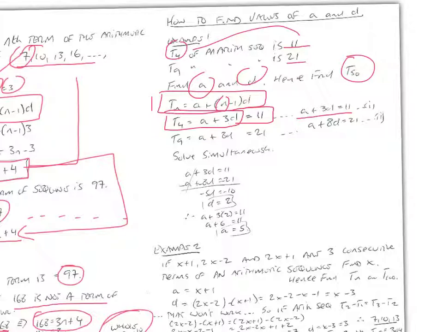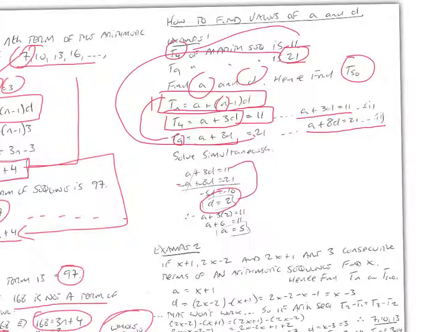For T9, we plug in 9 into this formula and get a plus 8d, and that's equal to 21 because we know that from here. That generates a second equation, which we solve simultaneously by changing the sign and adding. We get d is equal to 2, plug that back in, and we get a is equal to 5.